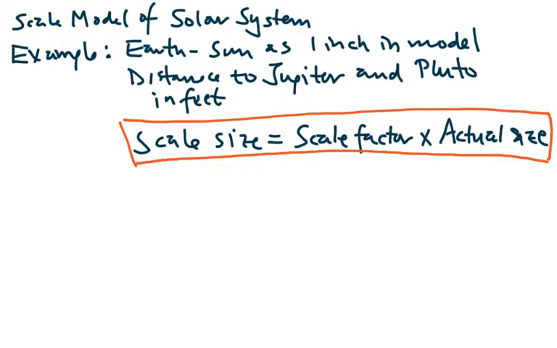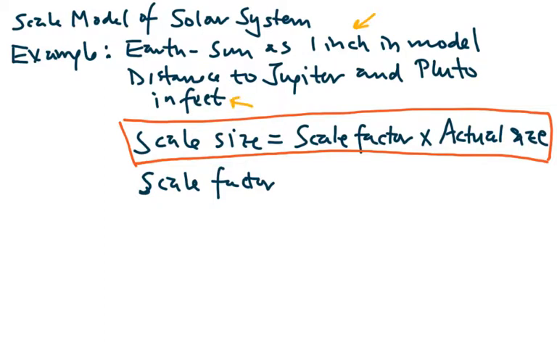So now we need to understand what our scale factor is. And for this example, the scale factor, we'd like to convert that 1 AU distance of the Earth's sun. We're told that it's an inch, but we want to have the final values in feet.